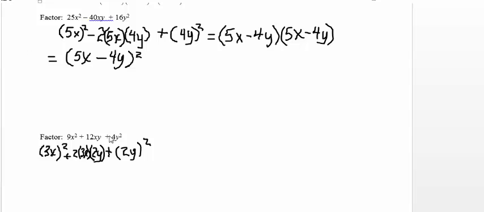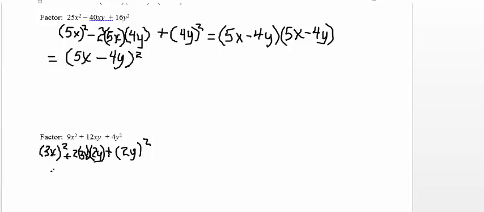So that's actually my question. So I want to check that that's actually true. Is 2 times 3x, which is 6x, times 2y, 12xy. And you would, of course, see that it actually is.